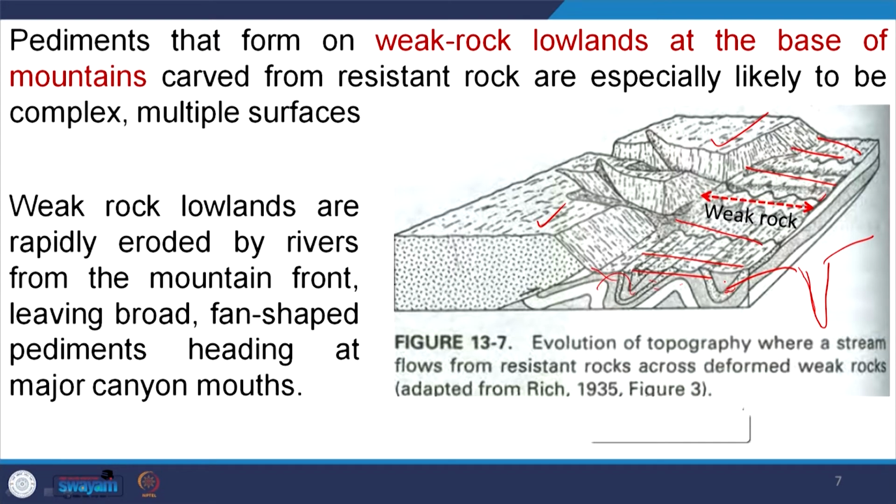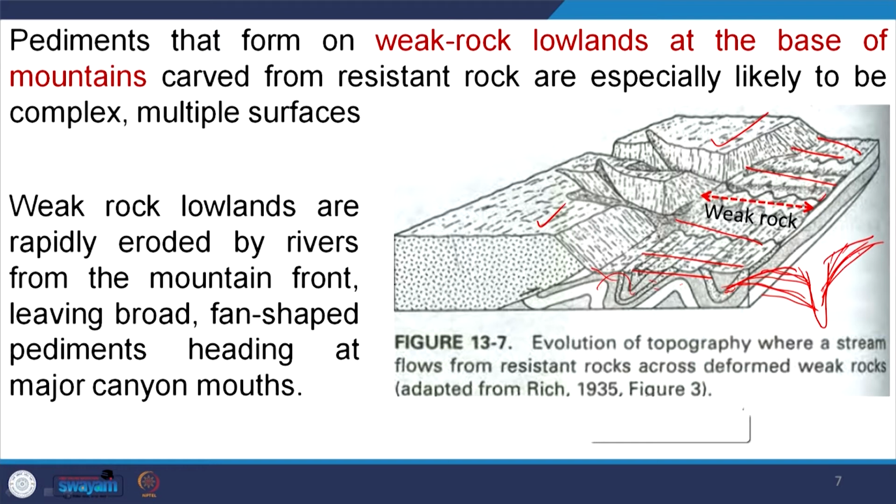If you remember our last class, when we were talking about slope evolution, this part will be eroded down, this part will be eroded down, and gradually erosion starts here, and finally this slope will be converted to this form.